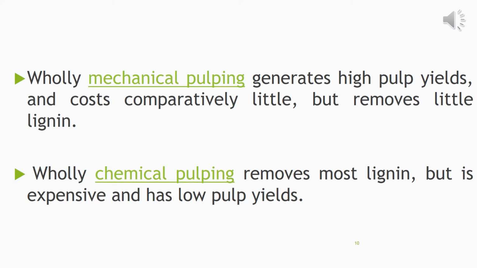The cost will be lower, but it removes little lignin. So with completely mechanical pulping, we get high yields of commercially cheaper pulp, but little lignin is removed.